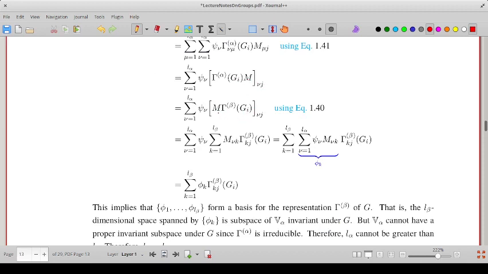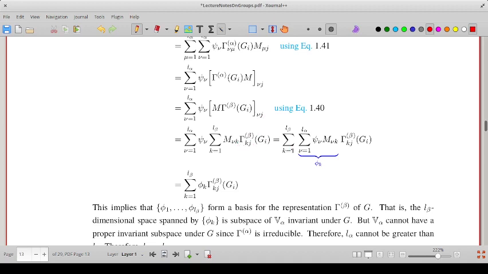But now I can explicitly write down what that is. So this will be equal to the matrix product M gamma beta GI, but that can be written as a sum over k running from 1 to L beta. Then M, we need the nu jth element, and therefore we should write M nu k, then gamma beta kj of GI.